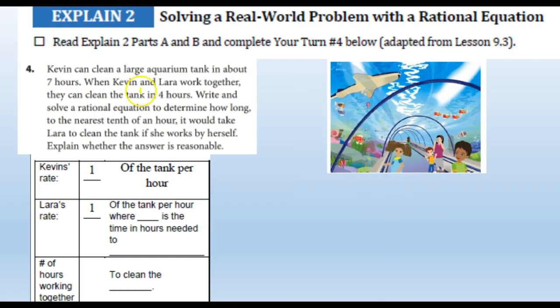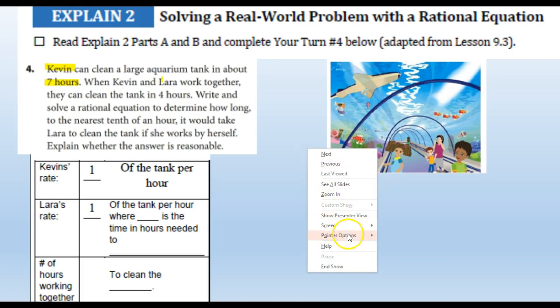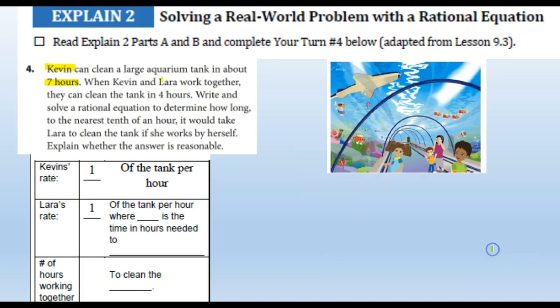So let's say Kevin can clean a large aquarium tank in about 7 hours. So that's how long Kevin can do that. Whereas if both of them work together, Kevin and Laura, they could probably clean the tank in about 4 hours.